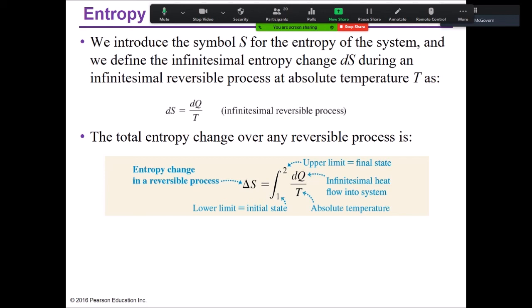Okay, so these are differentials here because we're imagining small little steps, for example. Now, this is our Physics 211 definition, by the way, of entropy.